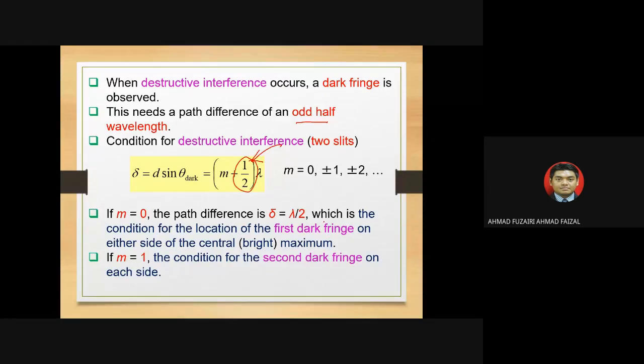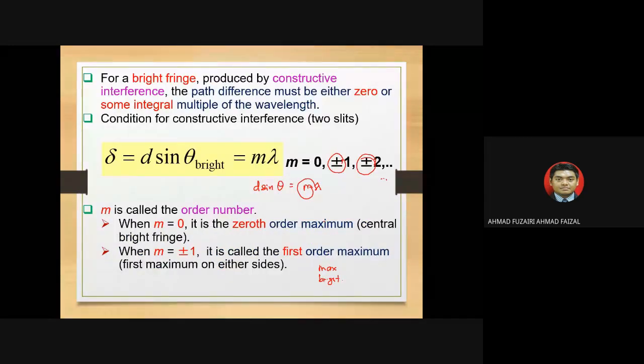Okay, if the question asks you the second dark fringe, okay, if before this, let's say the first dark fringe, the first bright fringe, so you can put m equals to 1 or m equals to negative 1. But if the question asks you about the zeroth order, so you can put 0.